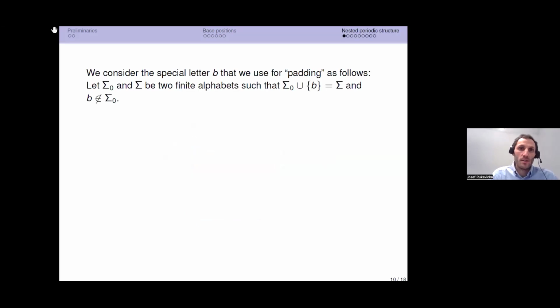So the first thing that can make it a bit complicated to understand is my usage of the special letter B. I define some special letter in the given alphabet that I state as B, and I use it for padding. The given infinite word that I have, I transform it into another infinite word in such a way that on every second position I have this letter B. It is more or less obvious that for the conjecture this has no influence.